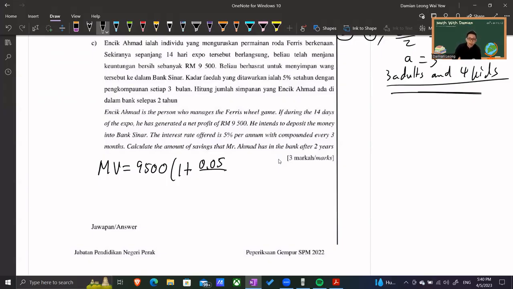N is how many times it compounds in 1 year. So if it compounds every 3 months, means in 1 year it compounds 4 times. 1 year there are 4 3 months, 4 quarters basically. The power of n times t, 2 years.